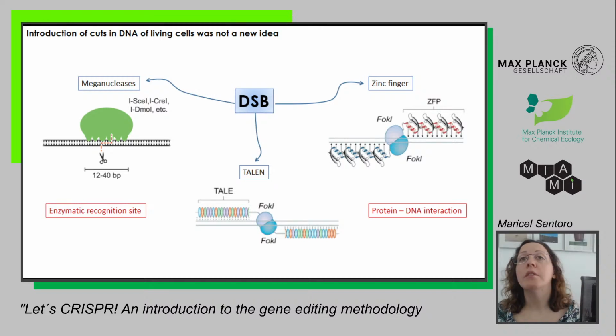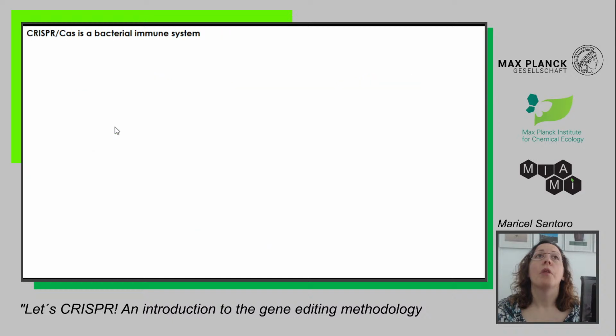It's very expensive, so the applications were very low, and the efficiency was very low. And these meganucleases weren't widely used either, because the recognition site is in the enzyme, so we cannot change it.